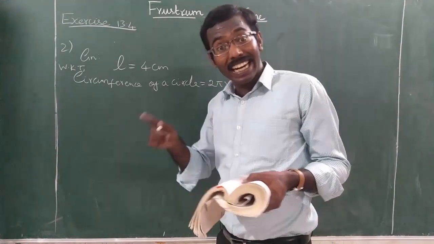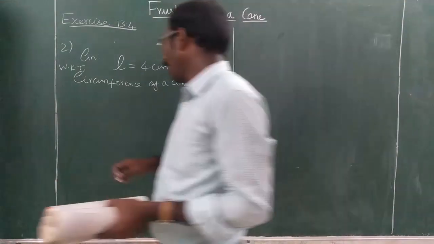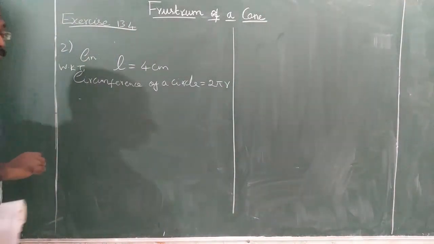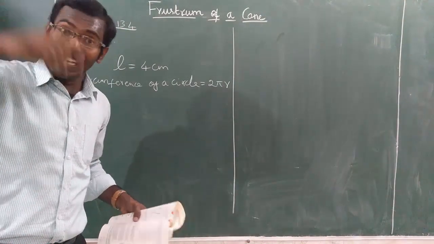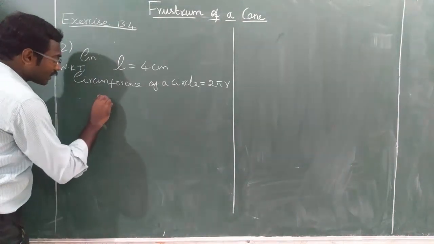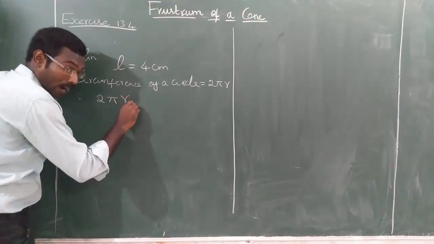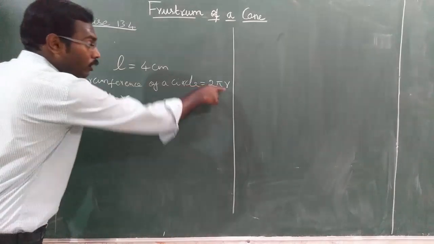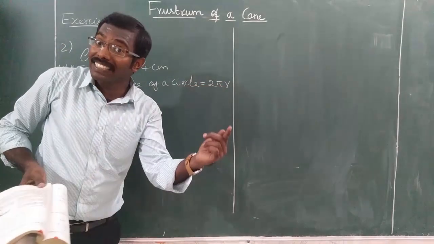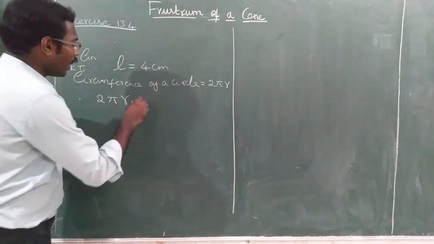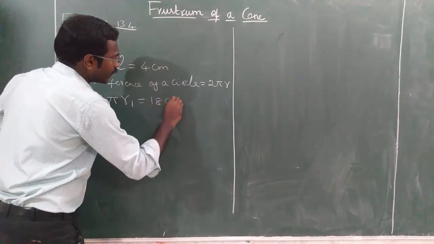So the bigger circle's radius is R1. It is given that the bigger circle's circumference is 18 centimeter, so 2 pi R1 is equal to 18 centimeter.